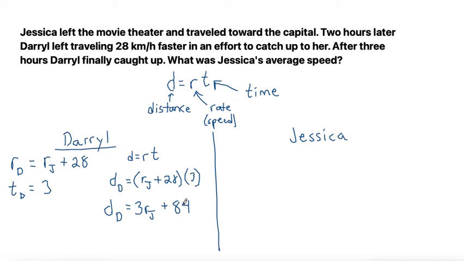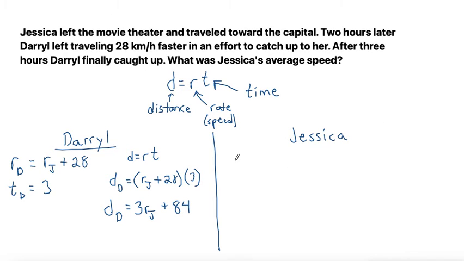Okay, now let's think about the relationship between the distance that Darryl traveled and the distance that Jessica traveled. They both left the movie theater and went to the Capitol. So that means that the distances they travel would be equal to each other.